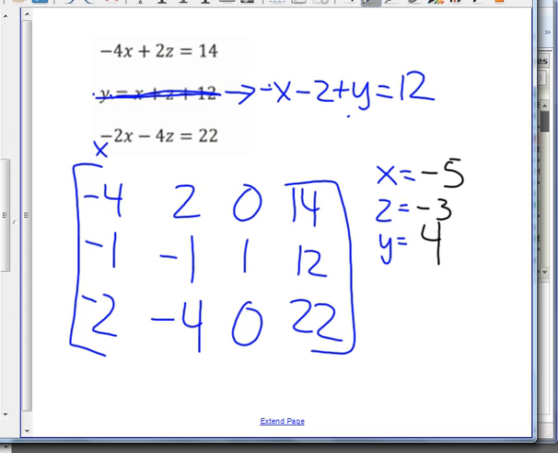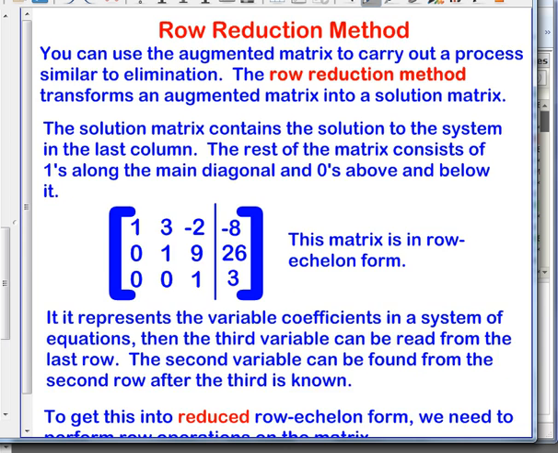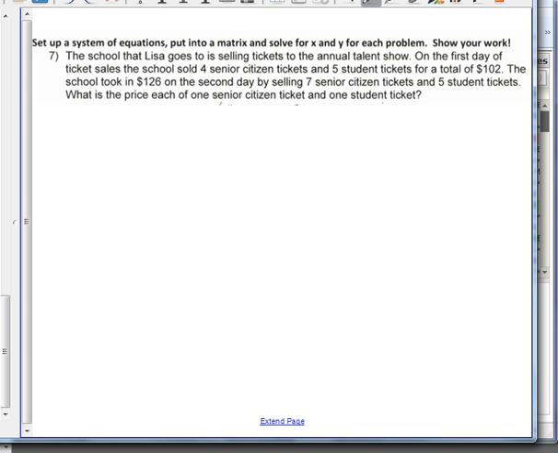One more thing before we move on or go to homework. There is a word problem you have to do on your homework, and that's something like this. The school that Lisa goes to is selling tickets to the annual talent show. On the first day of ticket sales, the school sold 4 senior citizen tickets and 5 student tickets. So we have to assign variables.